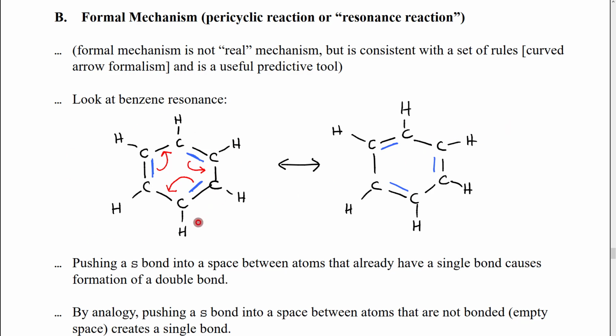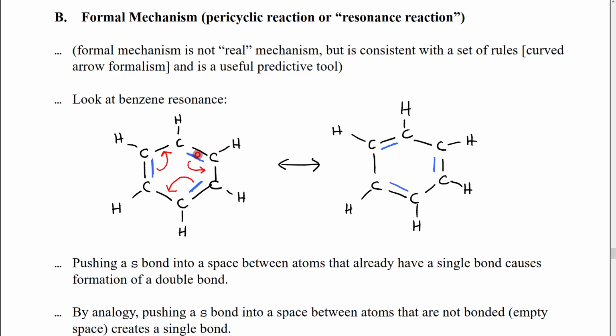In the benzene resonance, we have a 6-membered ring with alternating double bond, single bond, double bond, single bond. I've drawn the double bonds in blue to emphasize the fact that what a double bond really represents is one single bond with a second pair of electrons stacked on top, forming 2 pairs of electrons, a double bond.